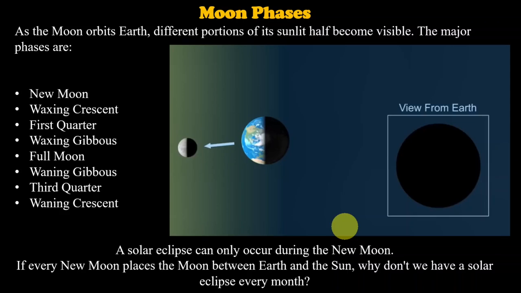It shows that having the moon between the sun and Earth is a necessary condition, but not a sufficient condition. So there are other factors. That's why I was talking about the shadow. You're going to see why.